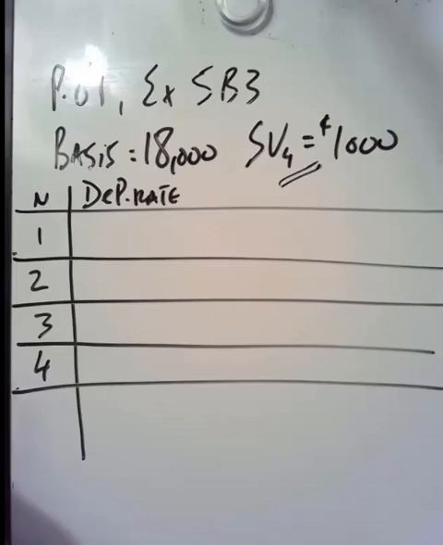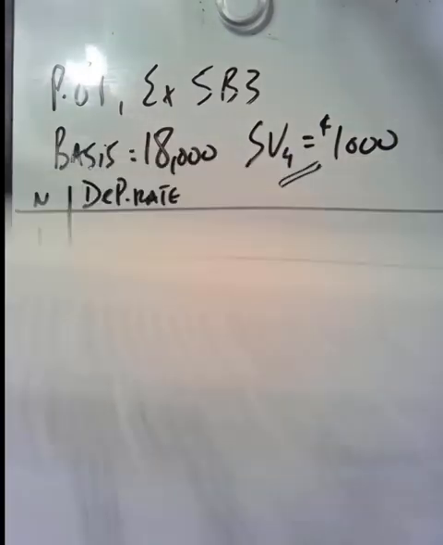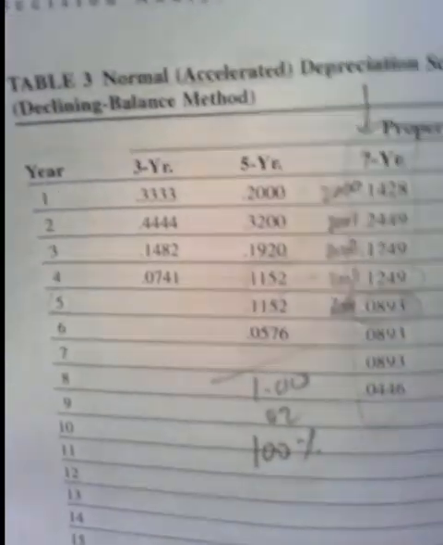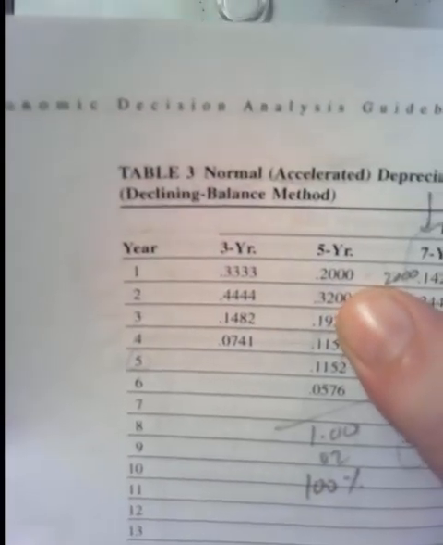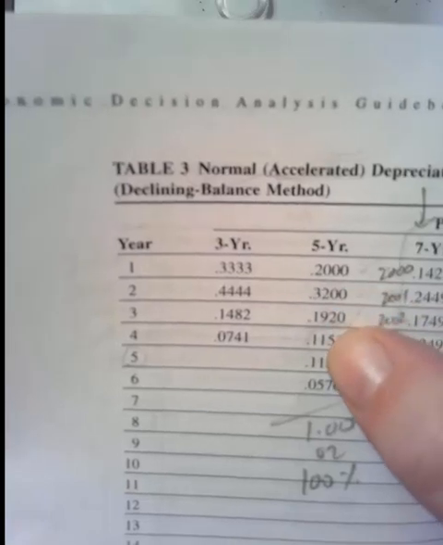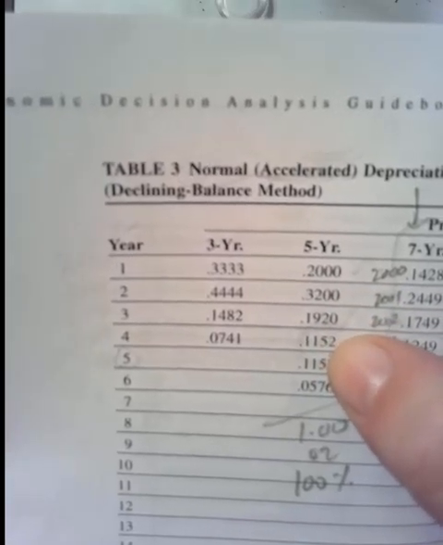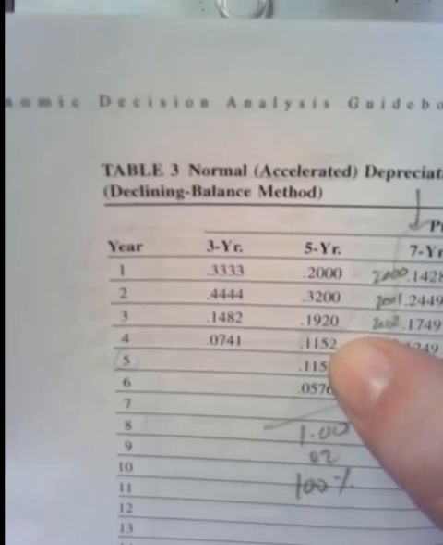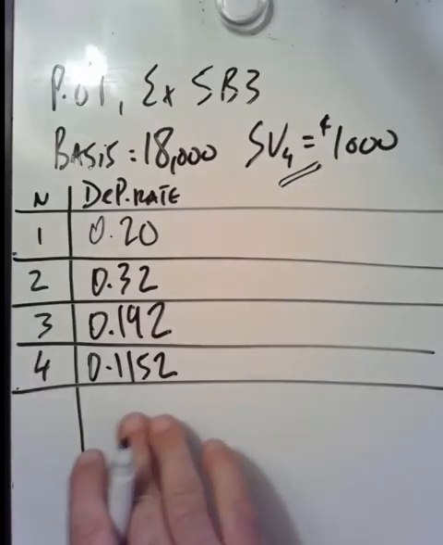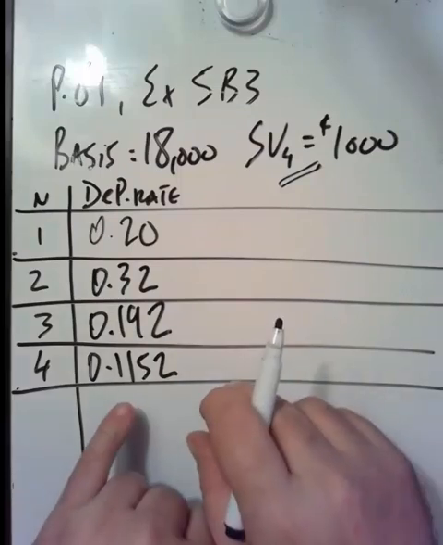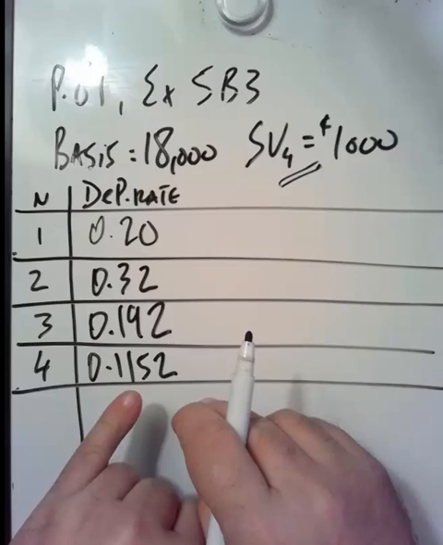The depreciation rate for the first year is going to be 20%, the second year 32%, the third 19.2%, and the fourth 11.52%. However, for the fourth year, we're not going to be able to record the full amount of depreciation.